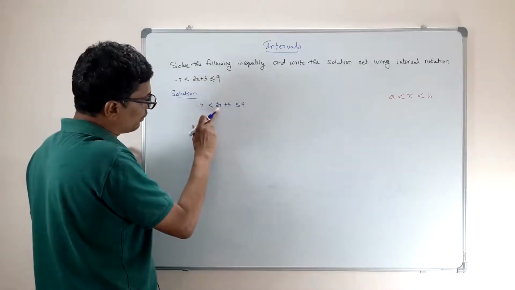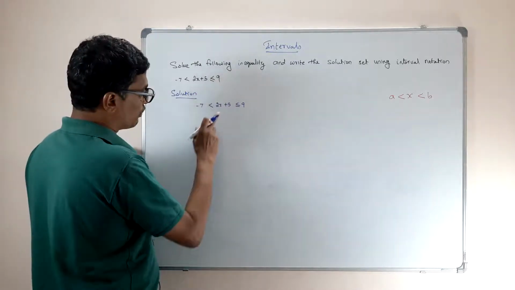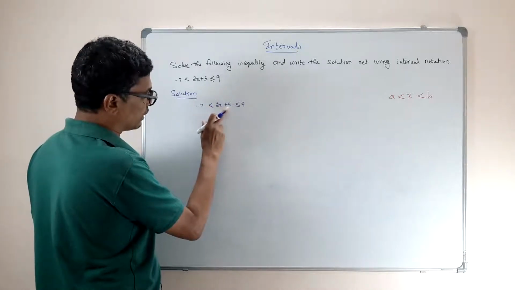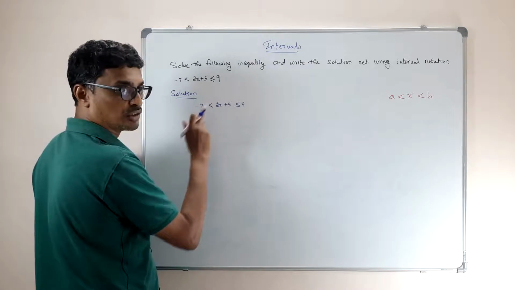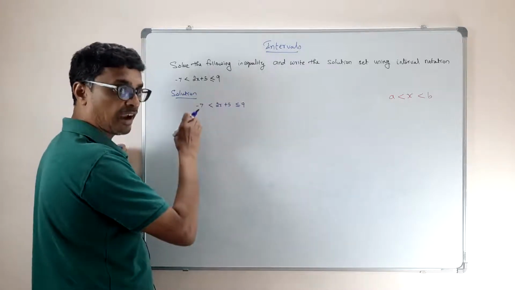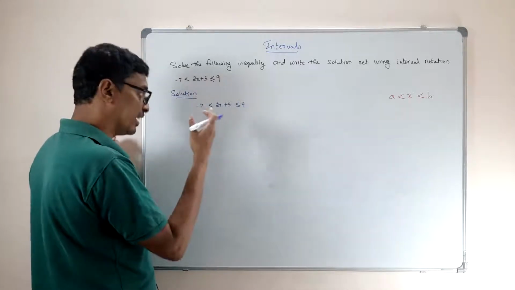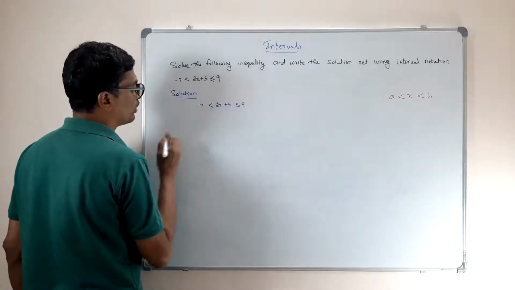So you have to convert this into x. First, I have to remove this 5, so you have to subtract 5 on both sides. You remember the rule: when you add or subtract any constant k, the inequality symbol remains the same.